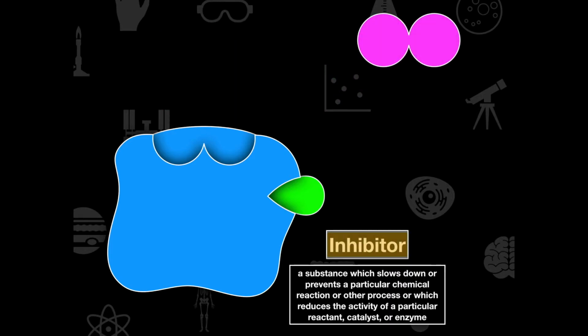If the substrate can no longer bind, then we get no chemical reaction. So an inhibitor is a substance which slows down or prevents a particular chemical reaction or other process, which reduces the activity of a particular reactant, catalyst, or enzyme. In this case, we just want the enzyme to no longer function for whatever purpose in our body.